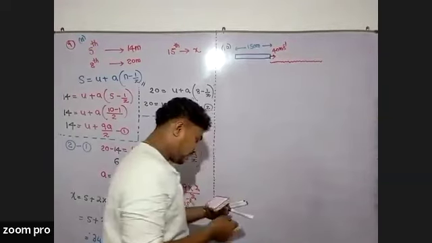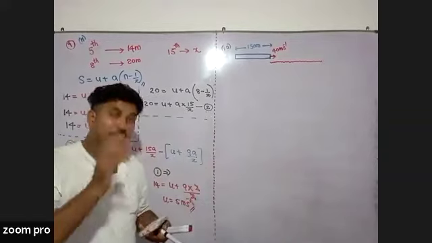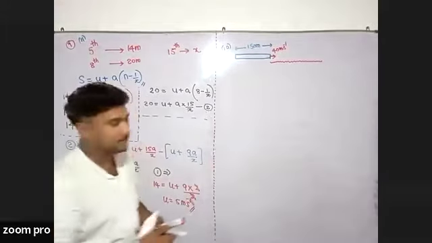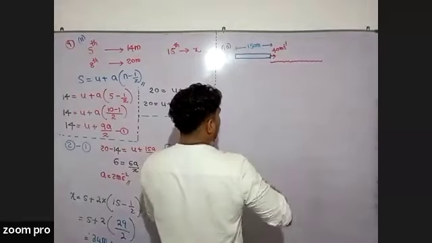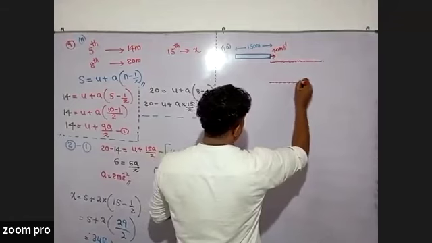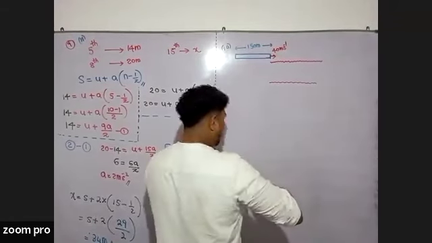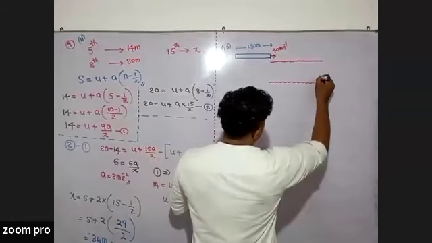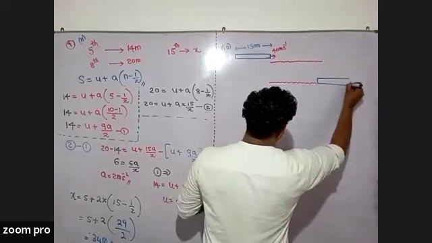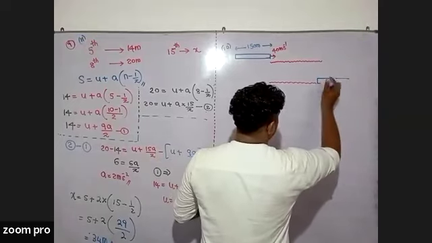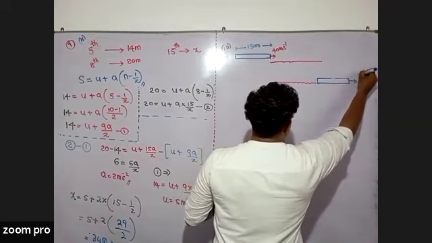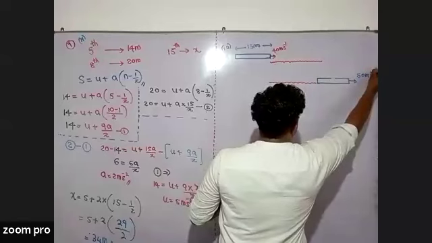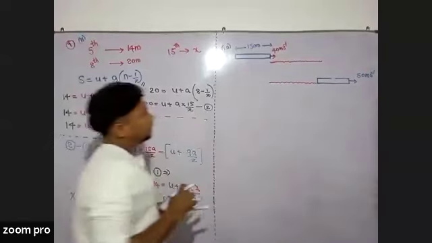It has a length of 300 meters, right? So when it has just passed the platform, this is the position of the train. This is the point where the train just passed the platform, right?